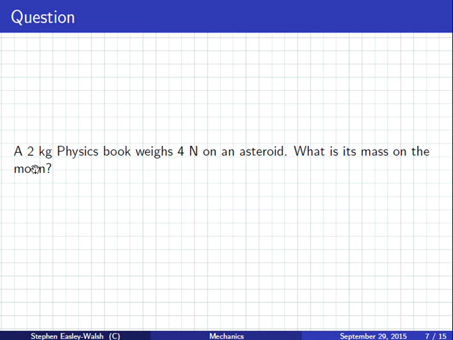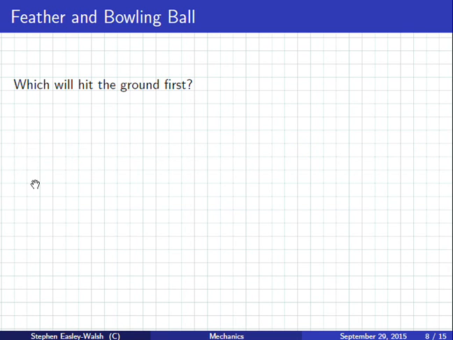That should say book here, not moon. What's the mass of the book? 2. It's a trick question. If the mass is 2 kilograms, it's always 2 kilograms. Mass is mass everywhere. Only the weight can change. Okay?